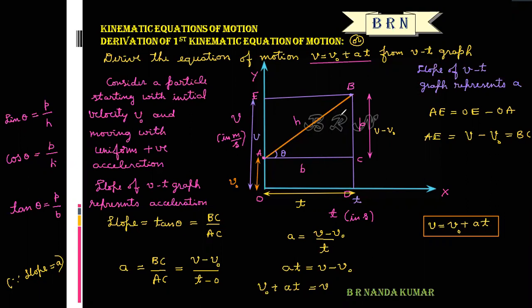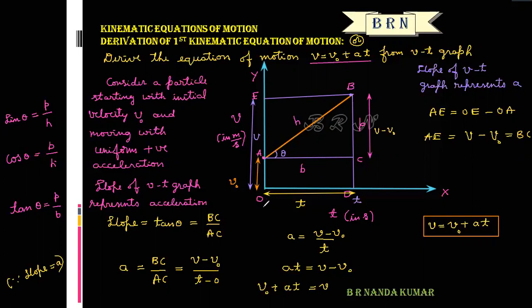So that means the particle velocity changes by equal amounts in equal intervals of time. So here V naught is the initial velocity of a particle. V is the final velocity of a particle.